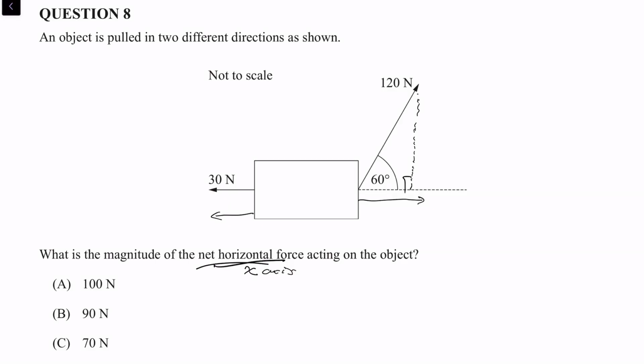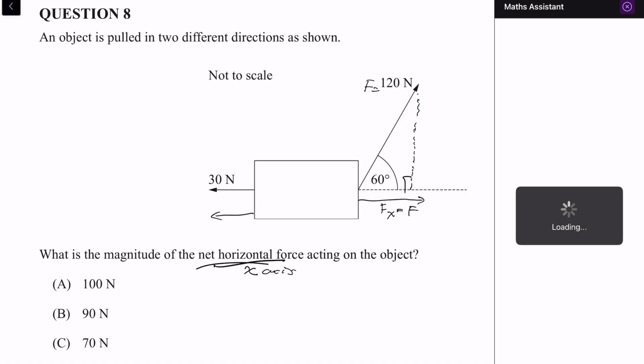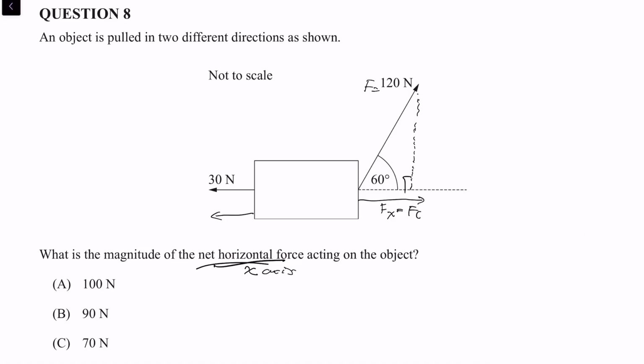So if I say this is the F force, and this is just Fx, it's always going to be equal to, again using my trigonometry, F cos theta, because I'm using adjacent. If I remember SOH CAH TOA, I know that sine is opposite and cos is adjacent.